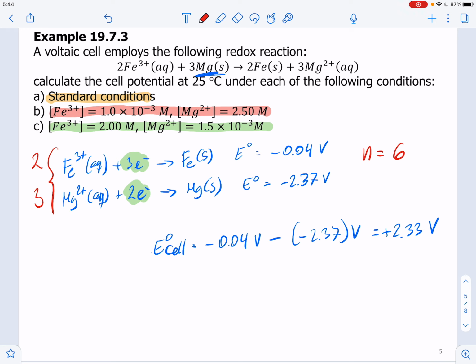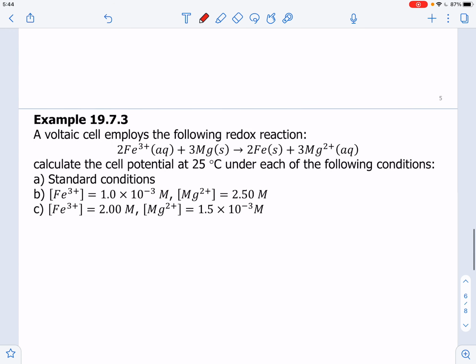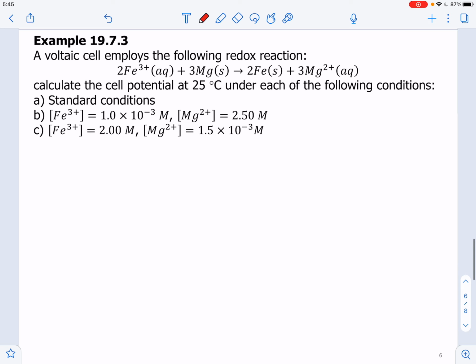All right, out of this information, we got the standard potential and we got the value of N. Right, so let's move on to the next case. Let's write that down.